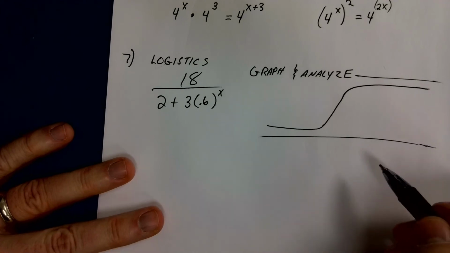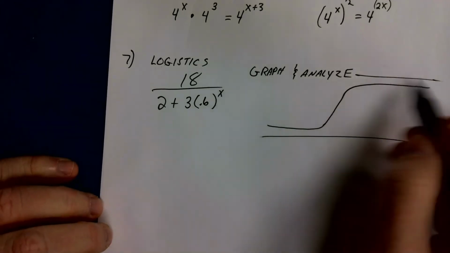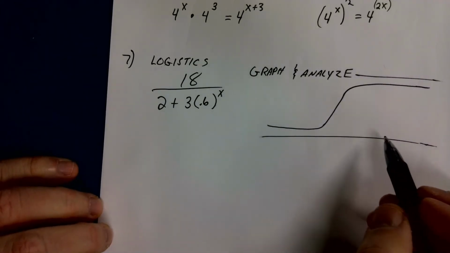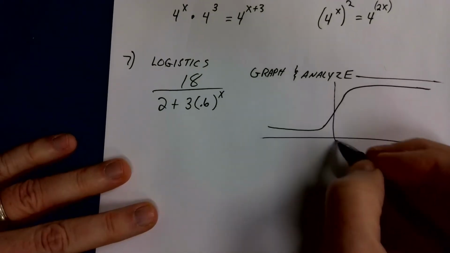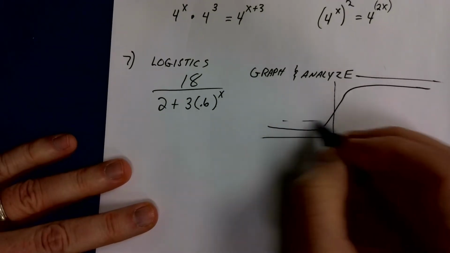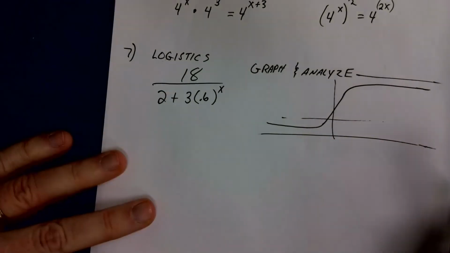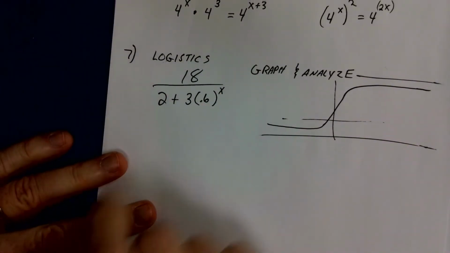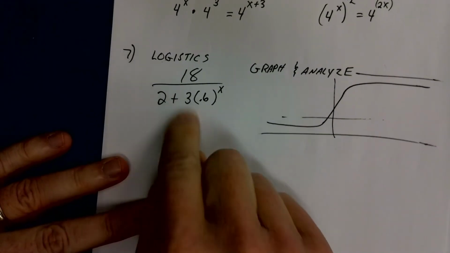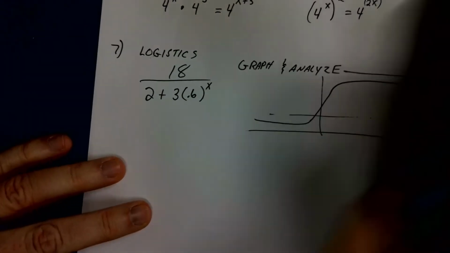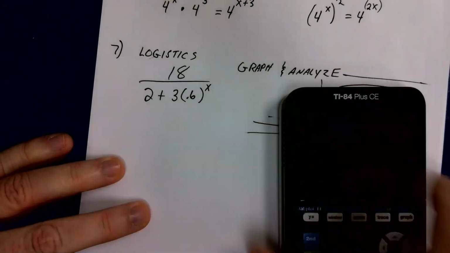So two distinct horizontal asymptotes. I can find out what these horizontal asymptotes are, what the inflection point might be, all of these different things based on the equation, and we'll get into that in a lot more detail later. But let's at least see if we can graph it so that we can see that this thing does look like one of these things.